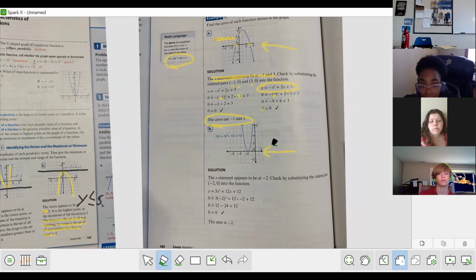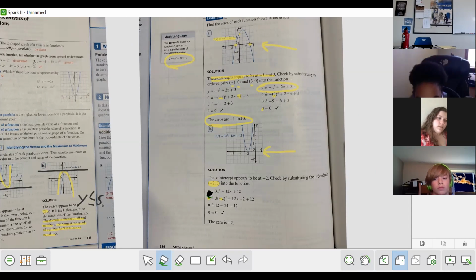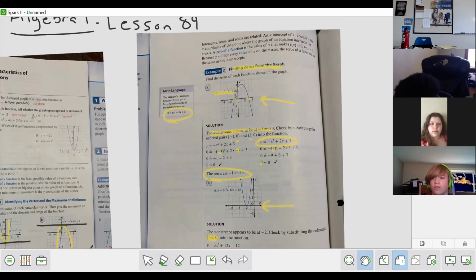And so they're testing it. They got x -2, y 0, and they plug those into the equation here and here to see if it works. And sure enough, yeah. So the zero is -2. The zeros are 3, -1, and 3 for the x zero. So when they talk about the zeros, they're talking about the x-axis.